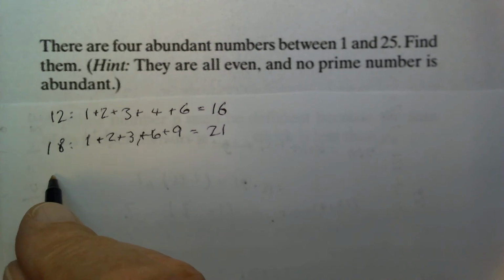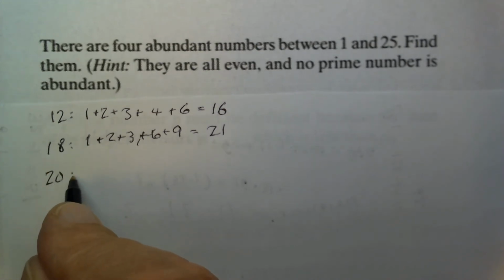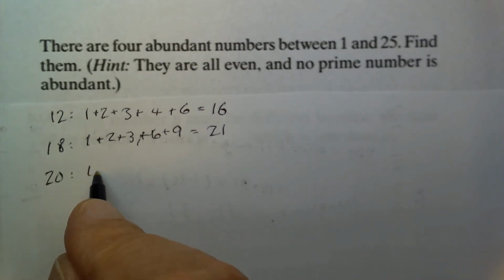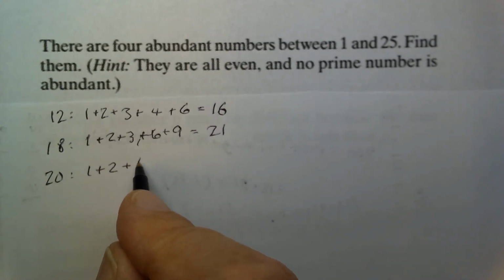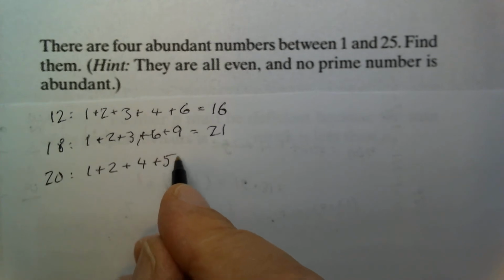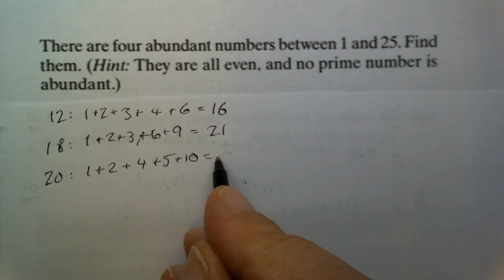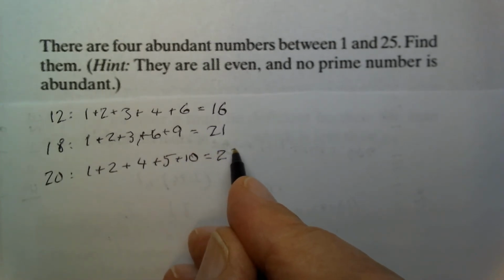And then the next one is 20. Its proper divisors are 1, 2, 4, 5, and 10, and that adds up to 22. So 20 is abundant.